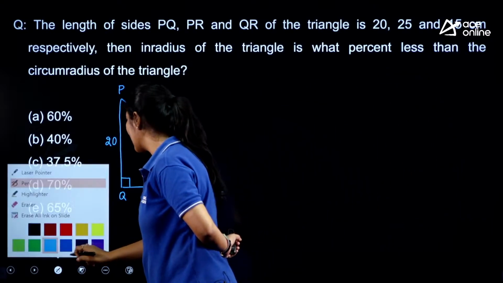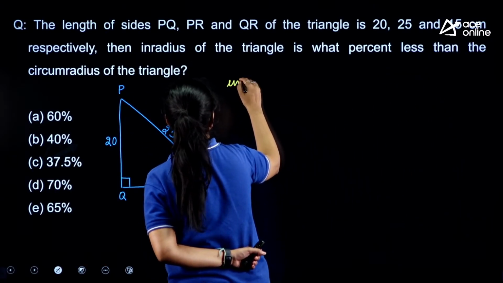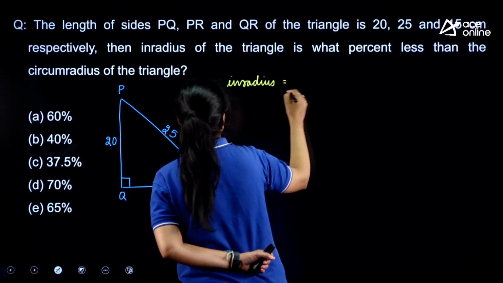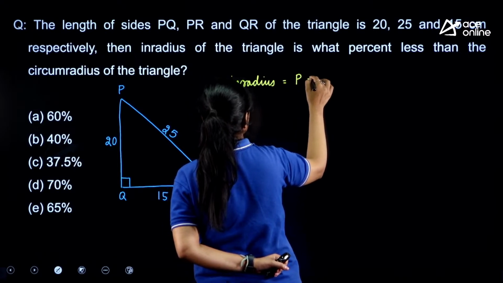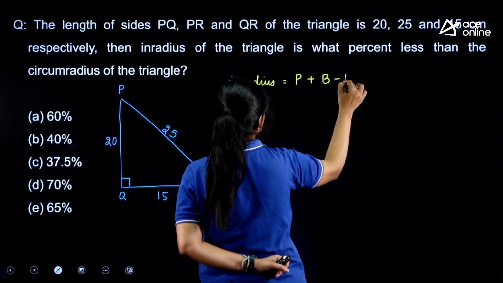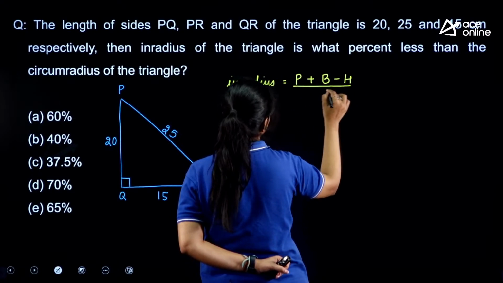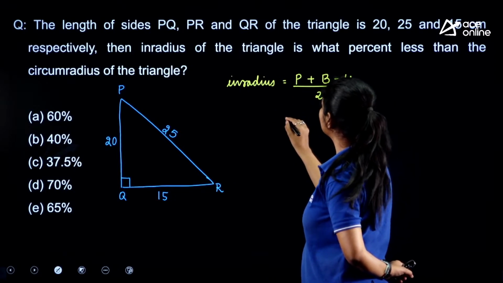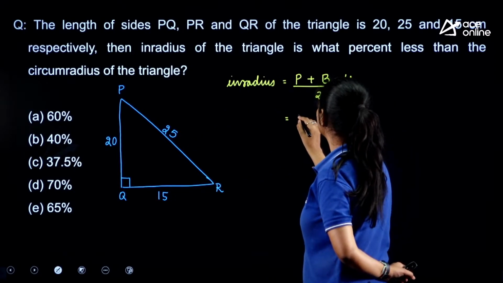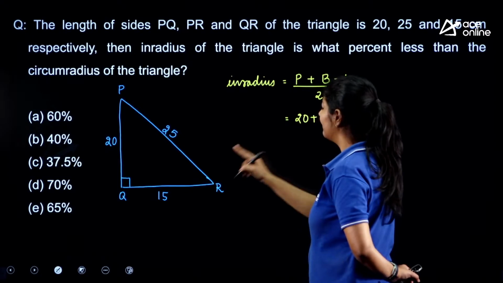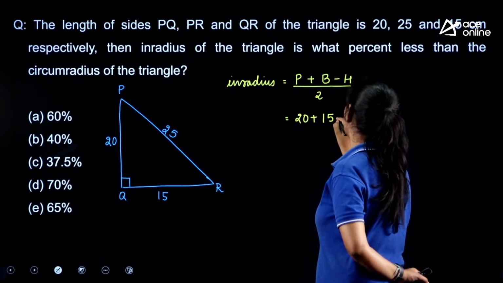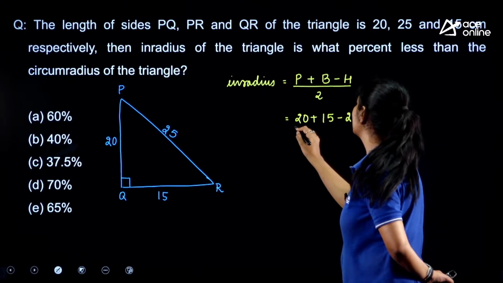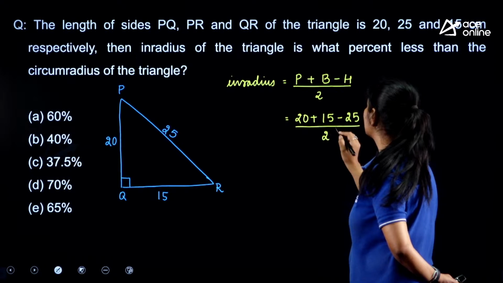Now we need to calculate the inradius. The inradius can be calculated as perpendicular plus base minus hypotenuse, divided by 2. This is nothing but your inradius. So we simply need to put in the values. Perpendicular, that is 20, plus base 15, minus hypotenuse 25, divided by 2, right?